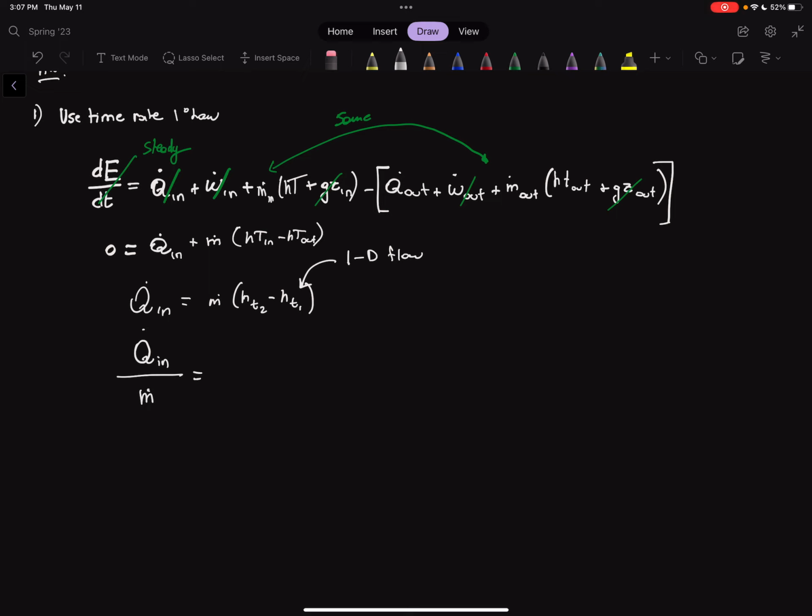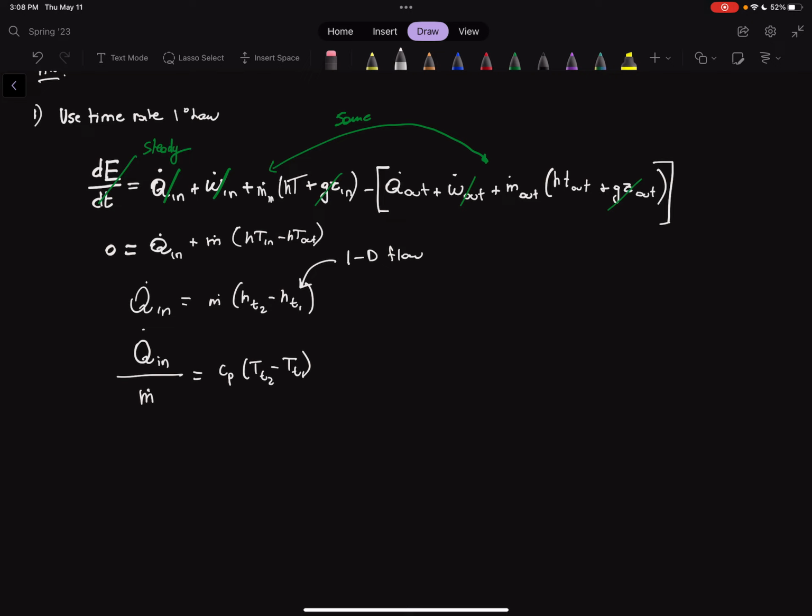So I can replace HT2 minus HT1 by Cp times TT2 minus TT1. Here the dots are cancelled, the time units are cancelled, and when you divide big Q by m dot, you have small q, the specific heat, and the dot disappears.